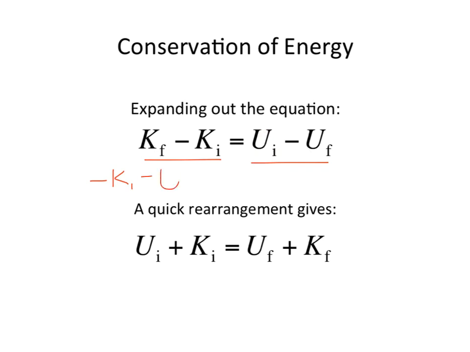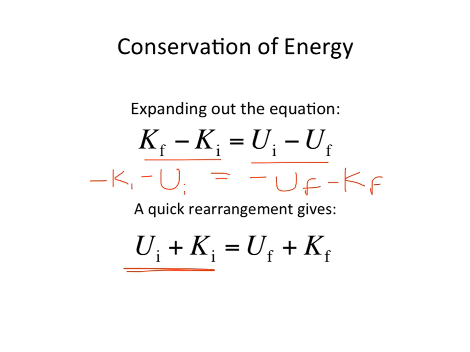Minus U initial equals, and then we take our K final and subtract it so it's over there. It's going to be negative U final minus kinetic final right here. We just get rid of all those minus signs.